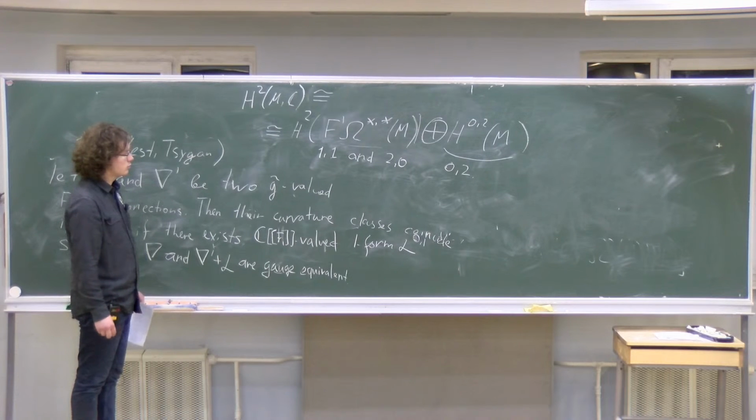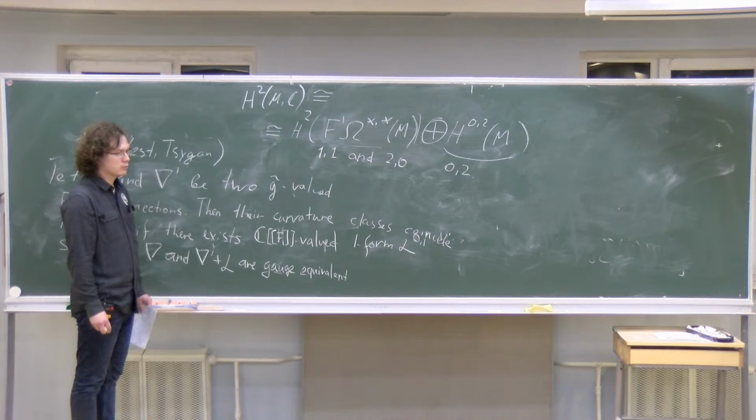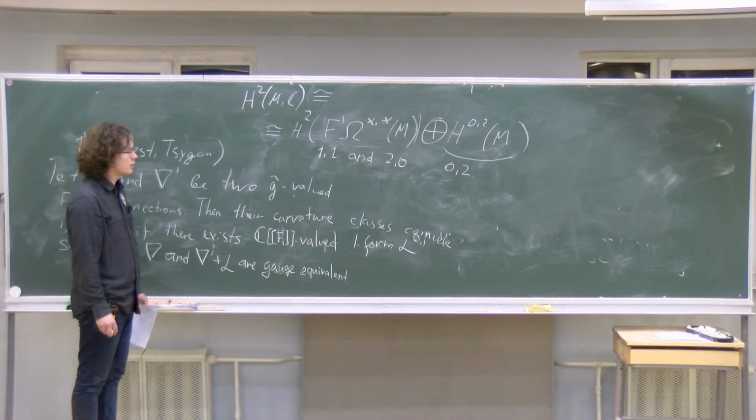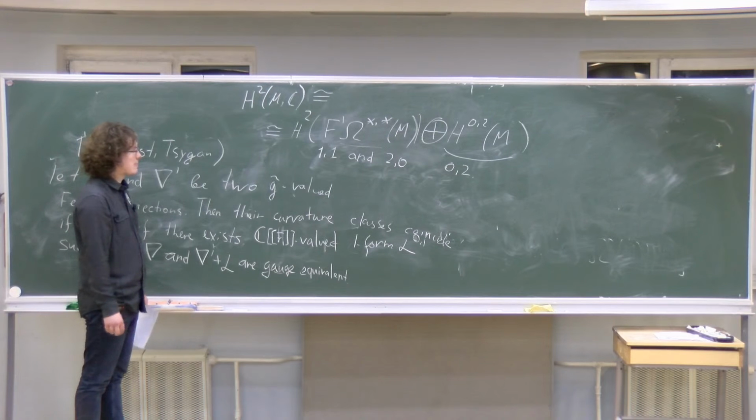If you don't know what sheaf cohomology is, then you should probably think about the Dolbeault operator, d bar. D bar only increases, I think, the second part. Yes, the second index. D bar square is equal to 0.